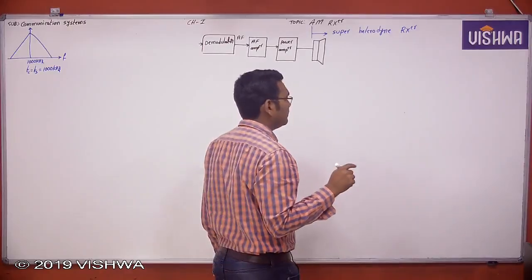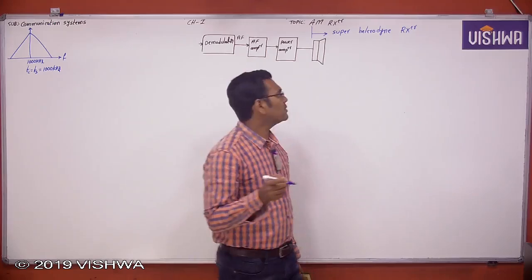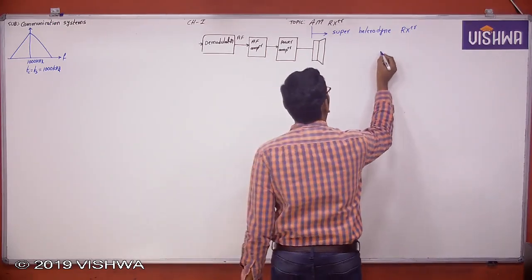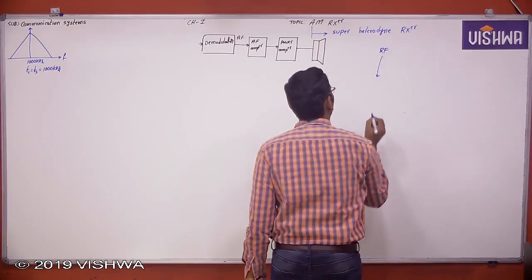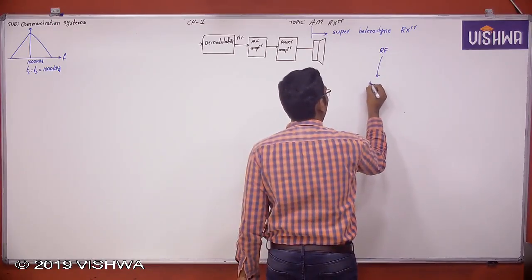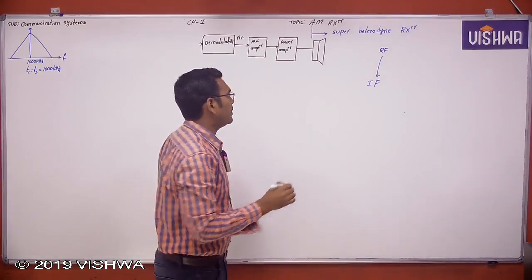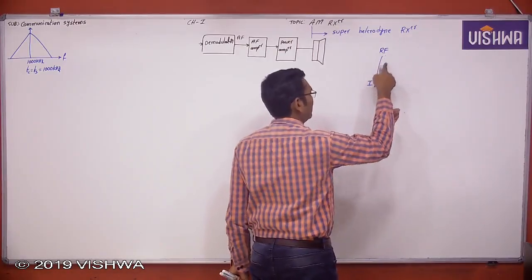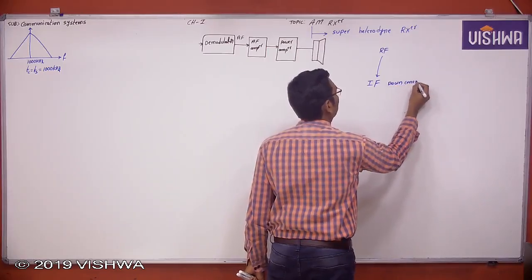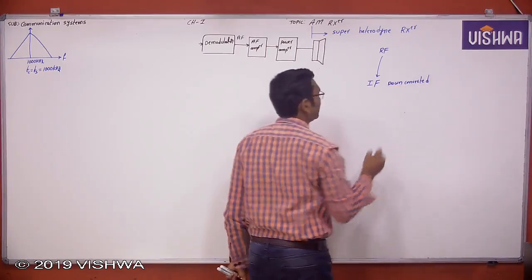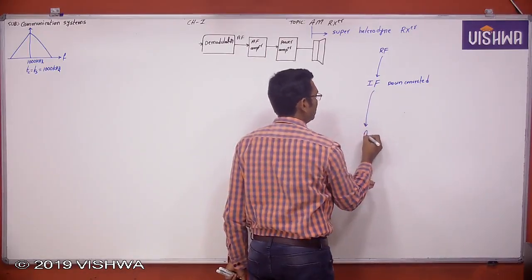Similarly here, the superheterodyne receiver principle is that the incoming signal, meaning the high frequency RF signal, is down converted to a fixed frequency called the intermediate frequency, then goes for demodulation.